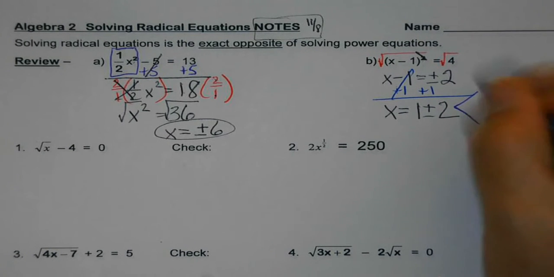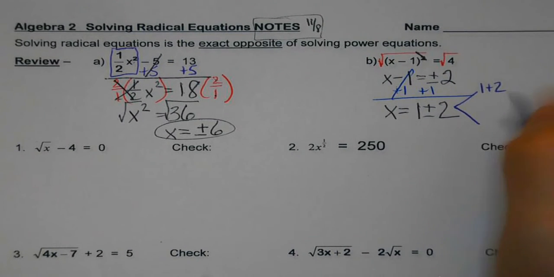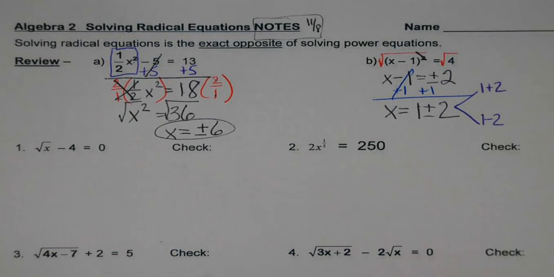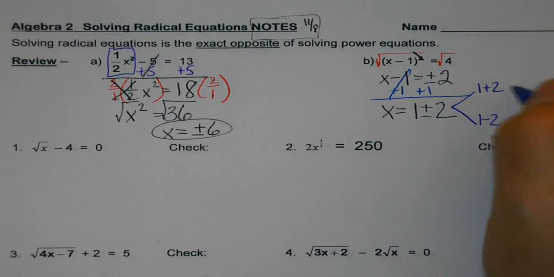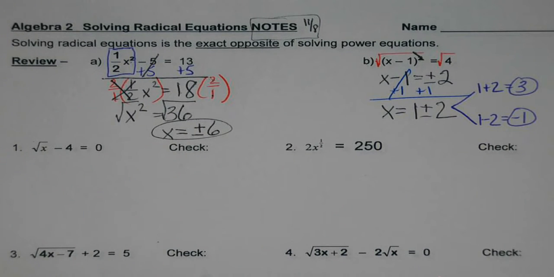And those 2 answers would be whatever I get when I do 1 plus 2 and when I do 1 minus 2. Okay. And so if there's no radical, that really is a step that we do need to take. But again, that's when we've done power equations before, prior quiz, things like that.